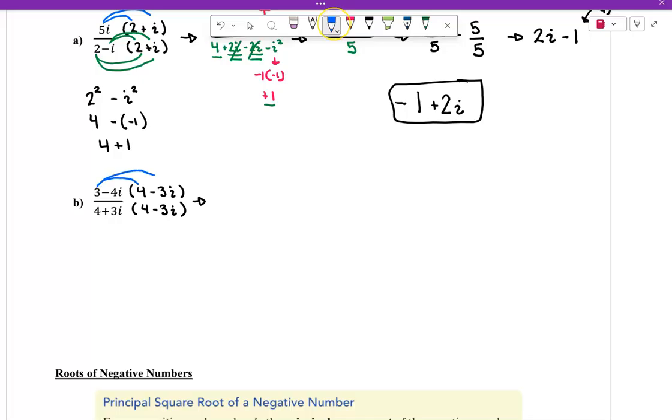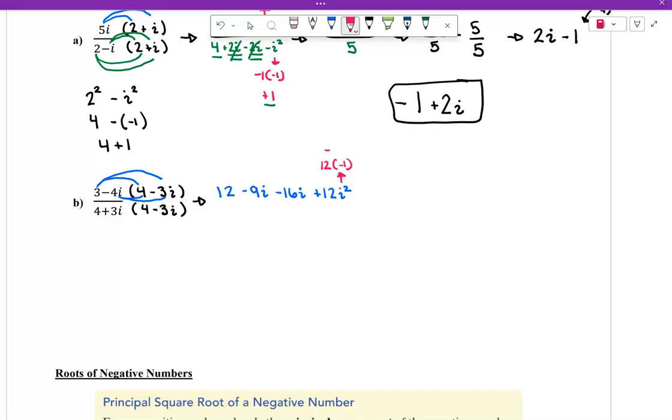3 times all of this: 12 minus 9i. Negative 4 times 4, negative 16i. Negative 4 times negative 3i, positive 12i squared. I'm going to go backwards, going up, I guess. i squared is negative 1.